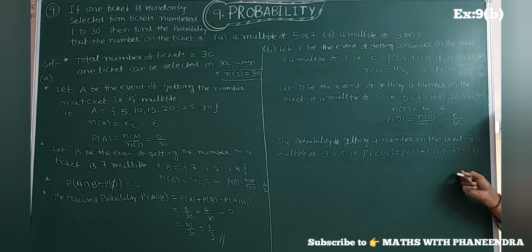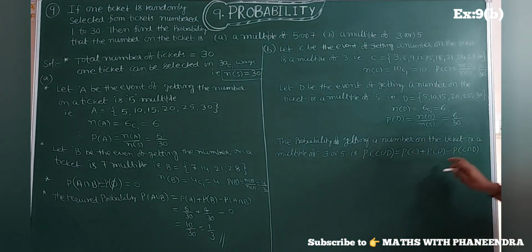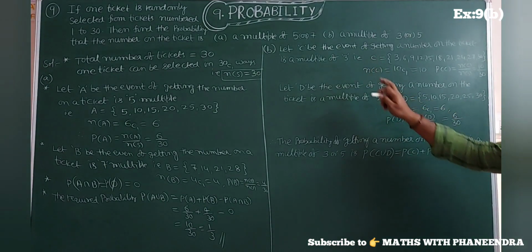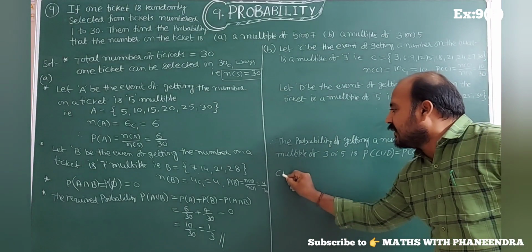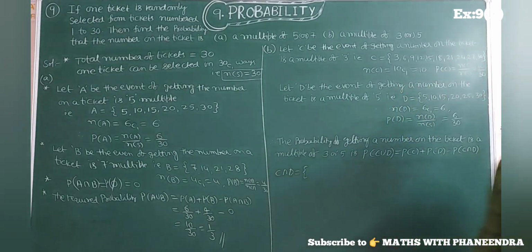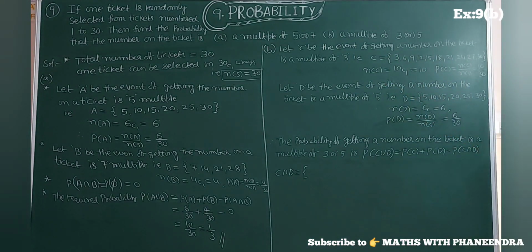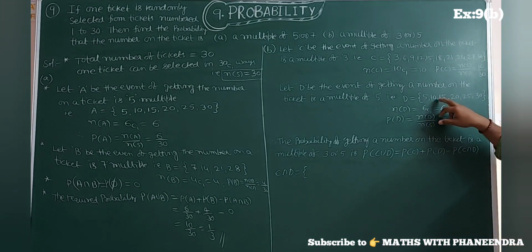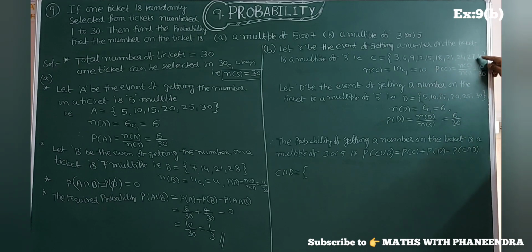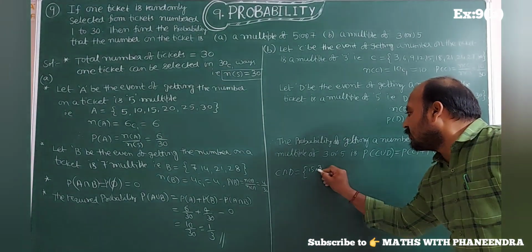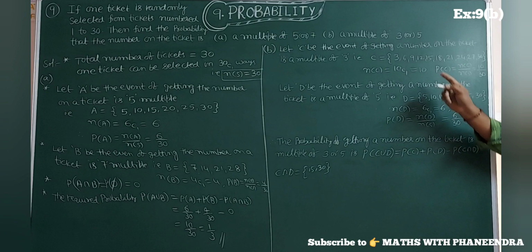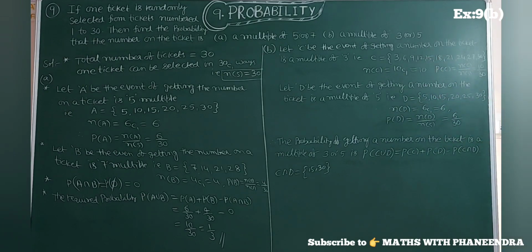Here we need to calculate P of C intersection D. That's why, P of C intersection D, how will it come? We have C intersection D. What are the common elements here? In C and D, common elements are 15, 30. So there is no other number, only 15 and 30. These are the common numbers from the C set as well as the D set.